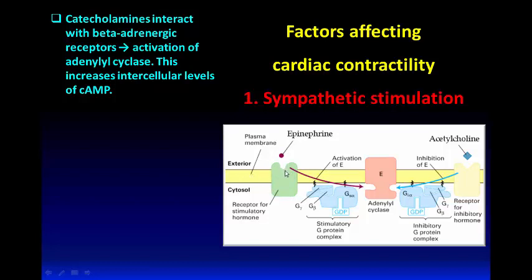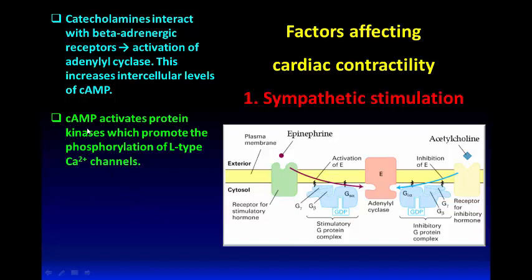When this happens, they activate an enzyme known as adenylyl cyclase in the sarcolemma, and this increases the intracellular levels of cyclic adenosine monophosphate. The cyclic adenosine monophosphate activates protein kinases which promote phosphorylation of the voltage-gated L-type calcium channels which we have in the T-tubular system in the sarcolemma.